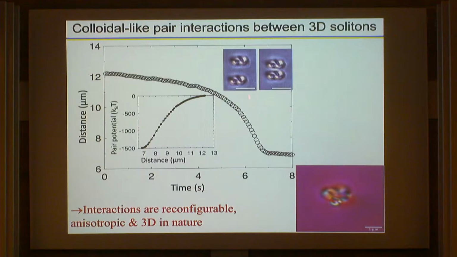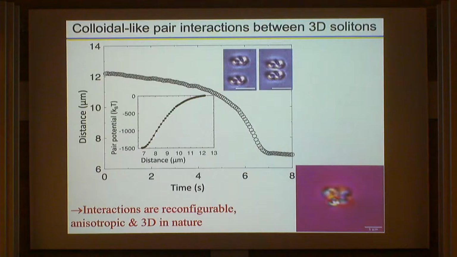So in here, for example, you see two such solitons interacting with each other, and in this particular case, the interaction is attractive. We can see that under some conditions we can have pair-interaction potential on the order of 1000 kBT, and these particle-like solitons can be localized in all three spatial dimensions.